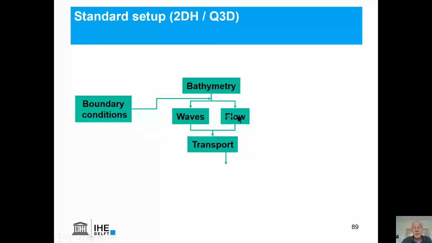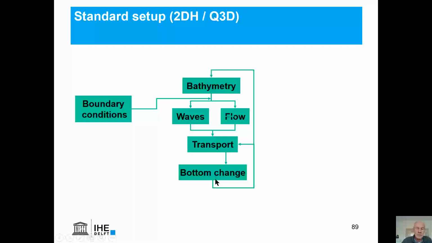We do flow and wave and flow simulations that are coupled together. They lead to transport, and that then leads to so-called initial sedimentation and erosion patterns. And we don't just stop there, but we say this is bottom change, which we feed back into the bathymetry.